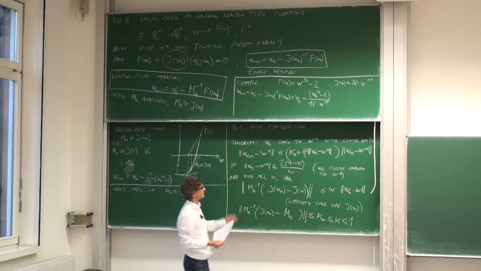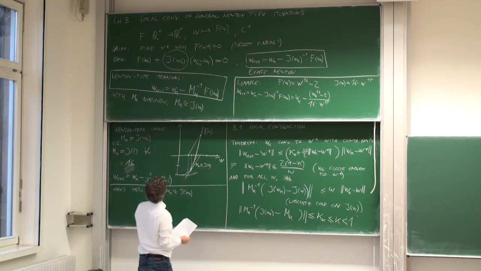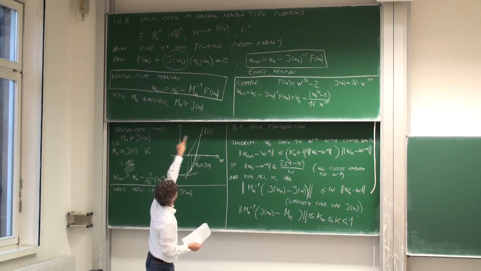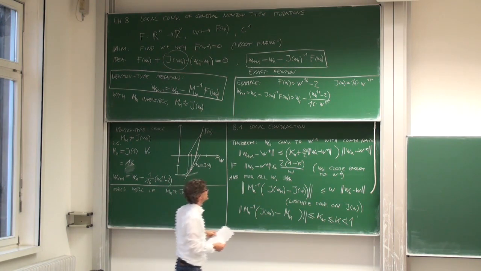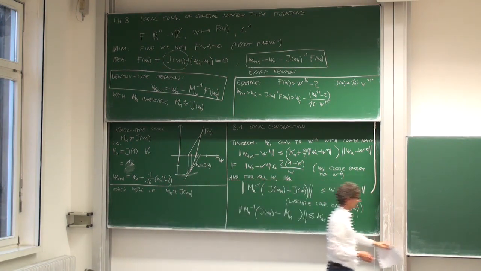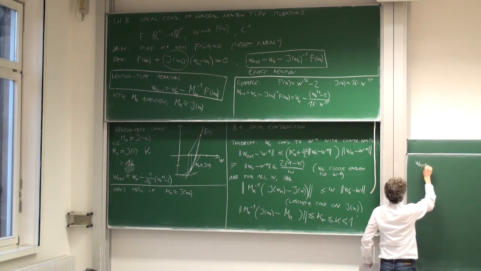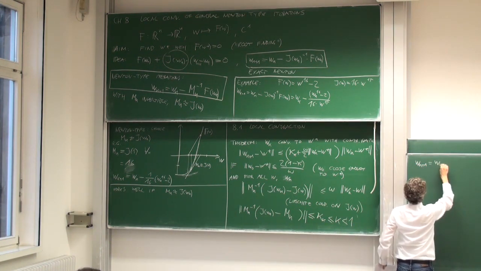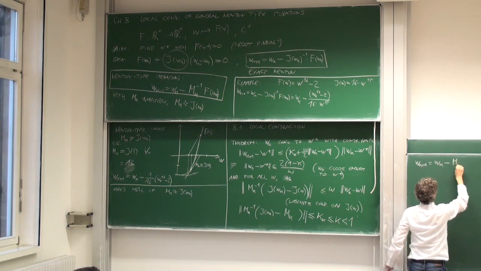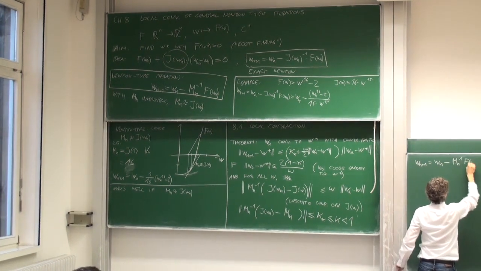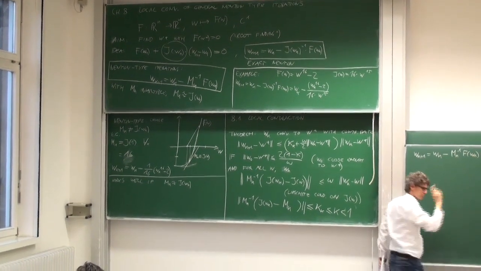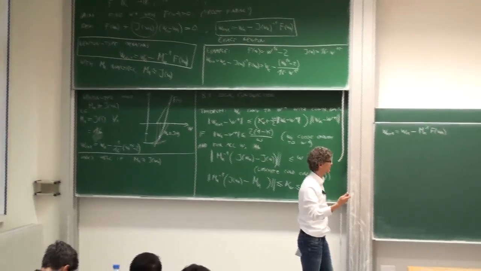Actually the iteration is defined by that formula. Before I continue, I should make sure that we are right. So W_{K+1} is always generated by W_K minus M_K to the minus 1 times F of W_K. That's understood in this theorem.